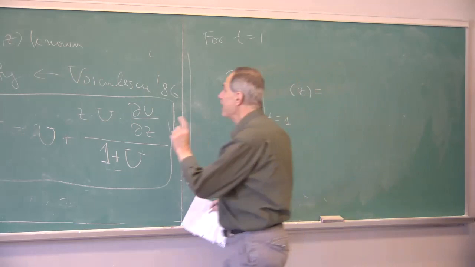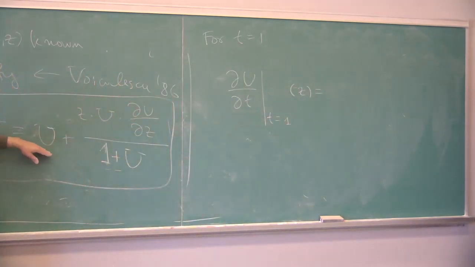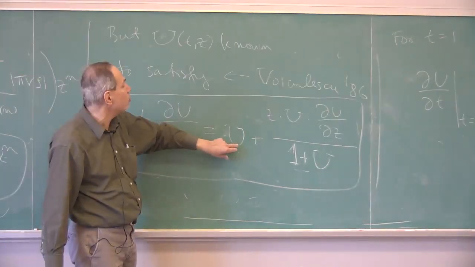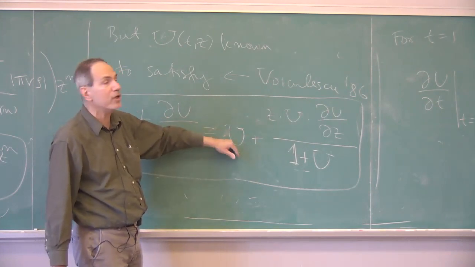So what's going to happen? When you make the time t equals 1, this is stuff you know, because U of t and z was the moment series of mu to the power box plus t. But if t is 1, then this is just your original mu.